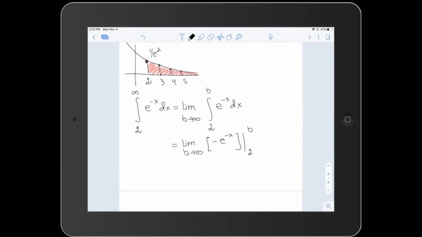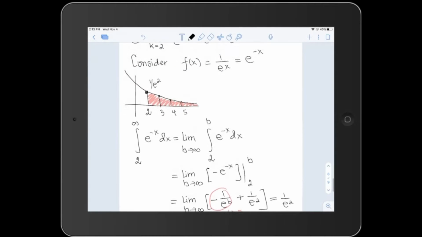What do we get? This would be the limit as b goes to infinity of negative, let me rewrite it as a fraction, 1 over e to the b, plus 1 over e squared. Now what happens to 1 over e to the b as b goes to infinity? That goes to 0. So my limit is a finite number.